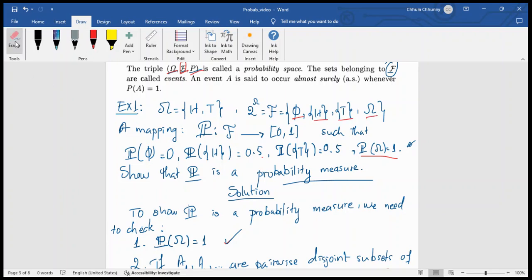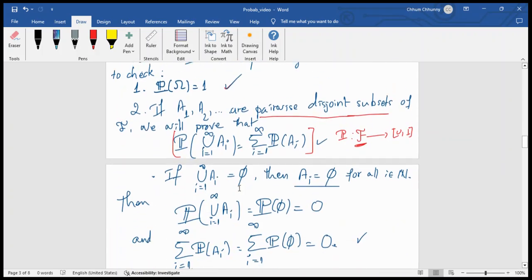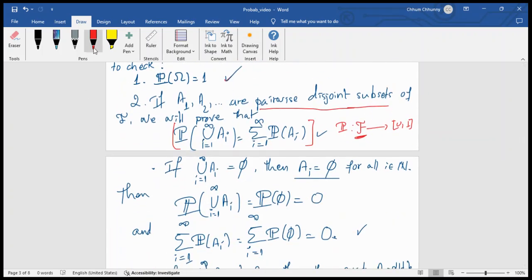So to prove this equality, we have to check the union of Ai equal to each of those four elements of F. In the first case, the union of Ai equals the empty set, and we check whether the value of the left hand side equals the value of the right hand side or not.